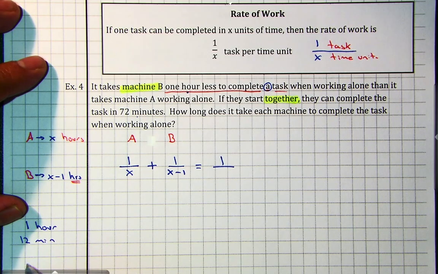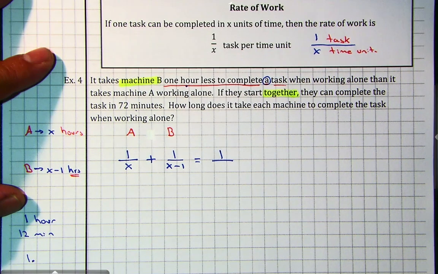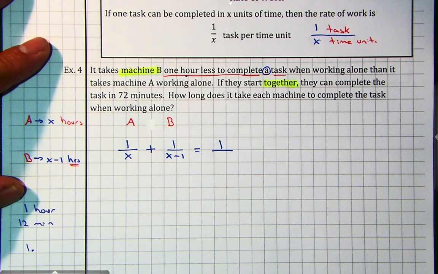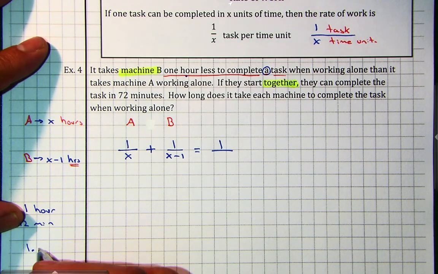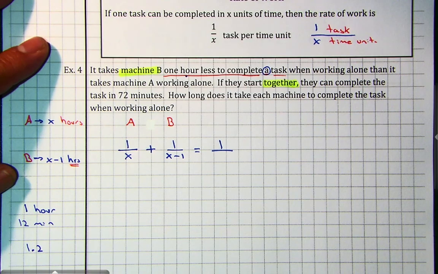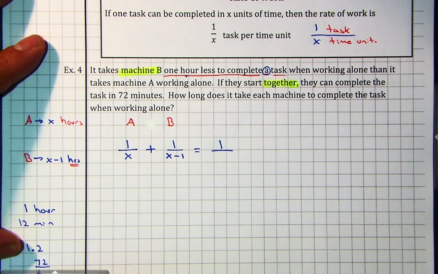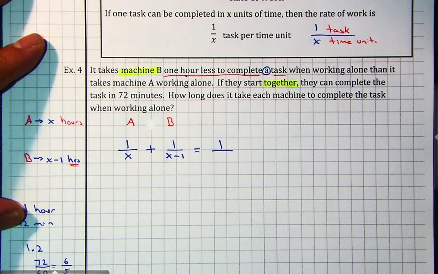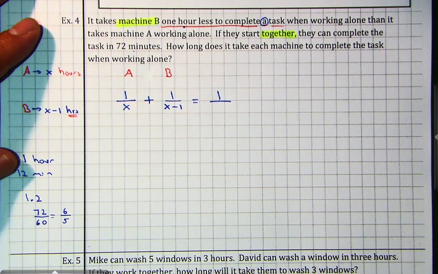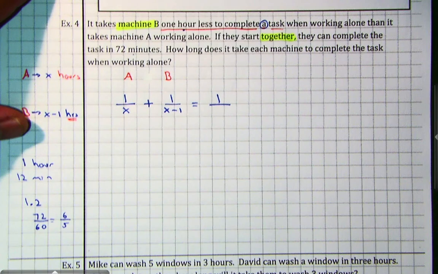So it'll be 1.12 minutes is 1/5 of an hour, so therefore it'll be 1.2. Or you can think about 72 over 60 minutes and divide by 12. This gives you 6, divided by 12 gives you 5, which is 1.2. Whichever way you prefer to think about it works well.